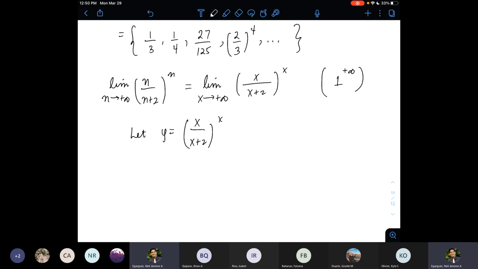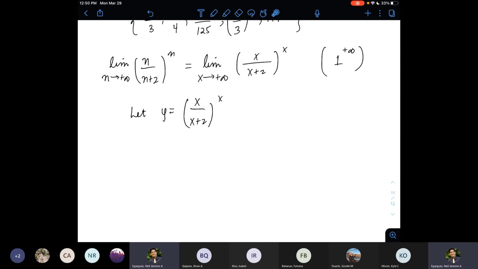This is basically the technique that you have learned in Cal 1. There's an indeterminate form, but the cause of the indeterminacy is the exponent. Remember, when you have an indeterminate form caused by an exponent, we need to take the logarithm of both sides to get rid of the exponent. I'll call y the argument inside the limit.